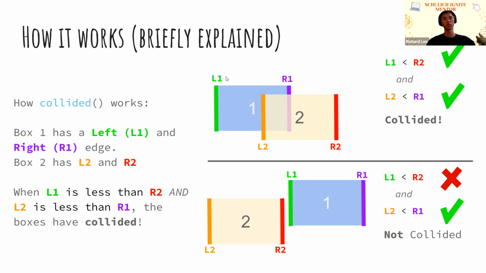If we take a look only at the x-axis right now, no y dimension, we can notice that if this left edge here, left 1, is lesser than right 2, so this far left edge is lesser than the far right edge here, and meanwhile the right edge of the first is bigger than the left edge of the second, hey, what do you know? You've got a collision going on right here.